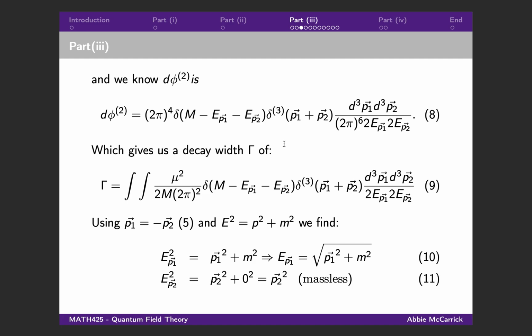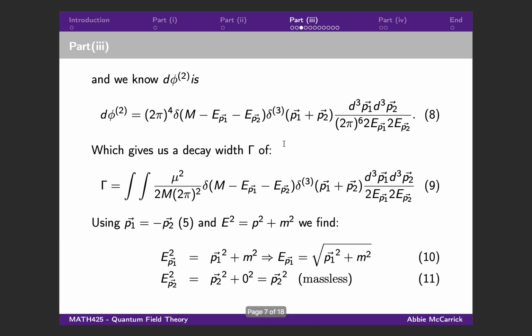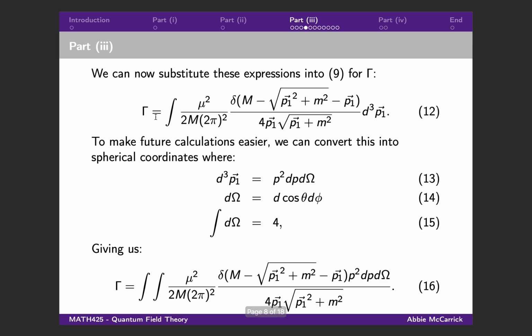So there's no mass addition there. We can now substitute these expressions into 9, where 9 was our gamma, or decay width, and we then get this equation here, a little bit simplified. We've changed all of the p's into the same p, using that expression where p1 is equal to negative p2, and we've also substituted in the expressions for the energies.